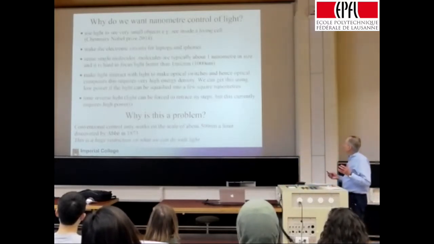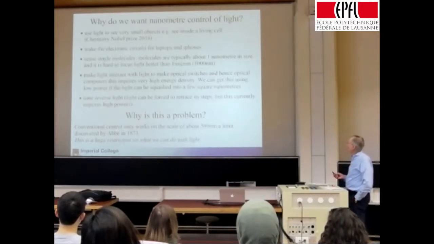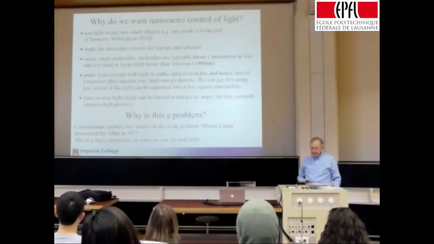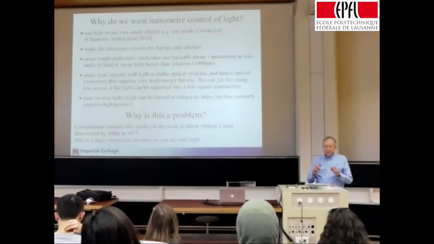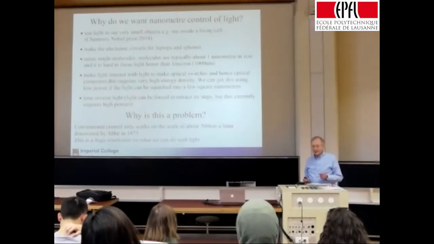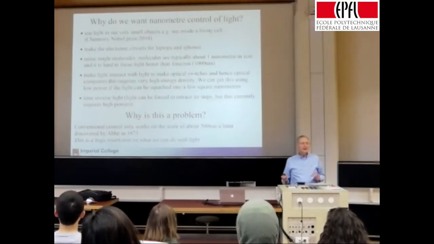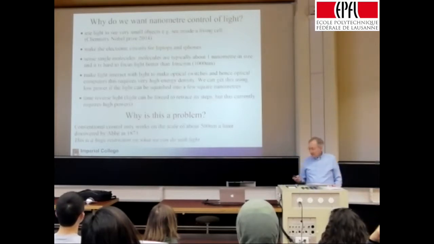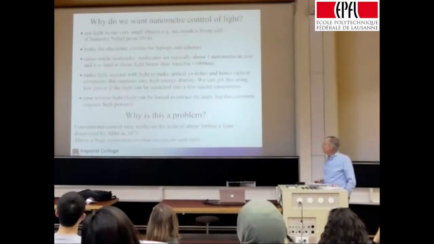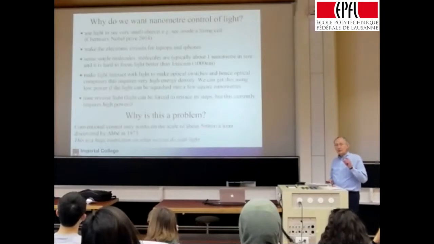To make light interact, to make optical switches, this requires a very high energy density, and you can do that either by taking a fiber, as I've seen this morning in some experiments, and letting the light interact over a very, very long distance, or you can squash the light, focus it into a very, very small cross-section.